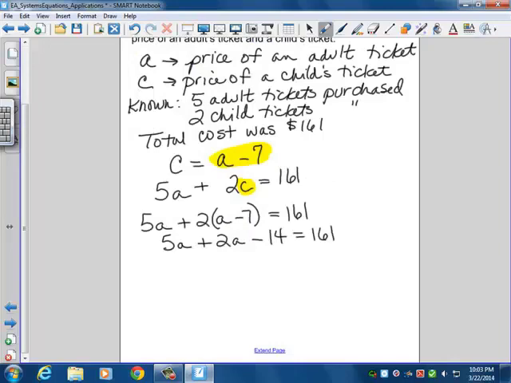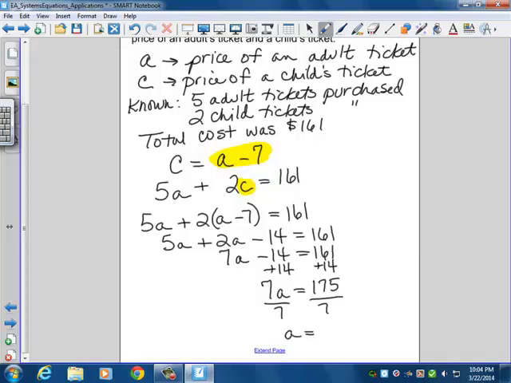I'm going to add the like terms on the same side of the equation. 5 plus 2 is 7A minus 14 is equal to 161. Now I need to add 14 to both sides, and I have 7A is equal to 175. Divide both sides by 7.